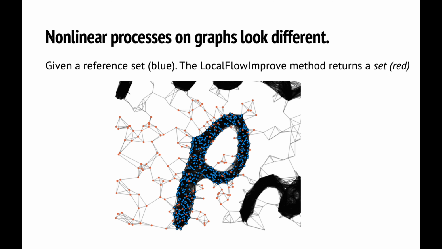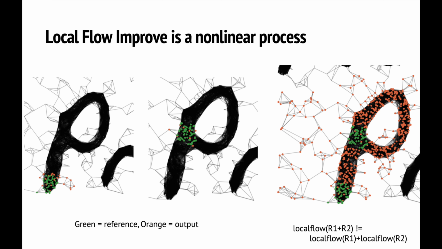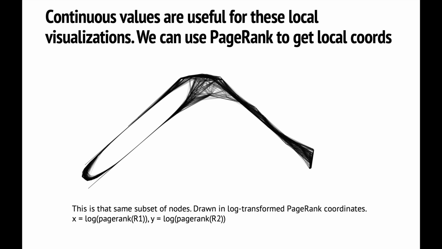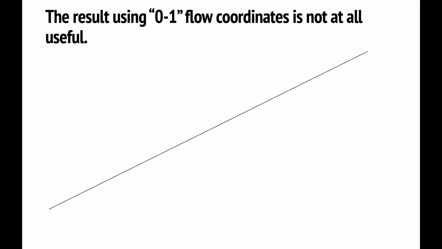Nonlinear processes do different things than these linear processes. In particular, they give us discrete 0-1 valued output, which makes it really challenging to use these ideas for simple visualizations where continuous ideas that would work for PageRank will not work.